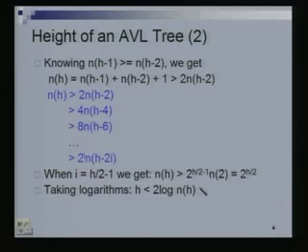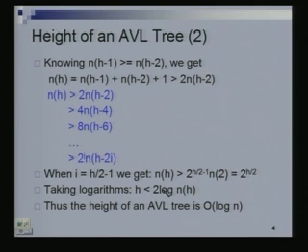Suppose I had an AVL tree of height h and n nodes, then it will also satisfy this relation, because n is only going to be larger than n of h. What was n of h? N of h was the minimum possible number of nodes. So any AVL tree on n nodes has height at most 2 log n from this argument.